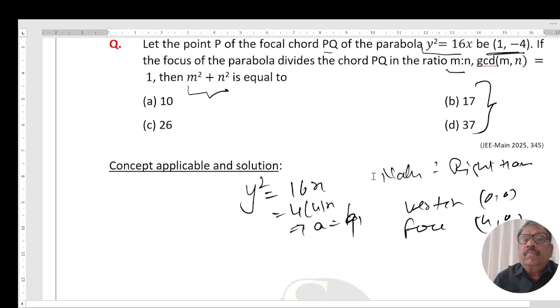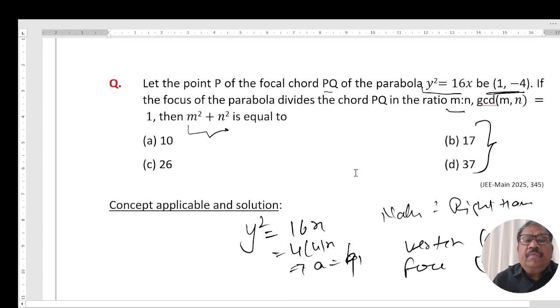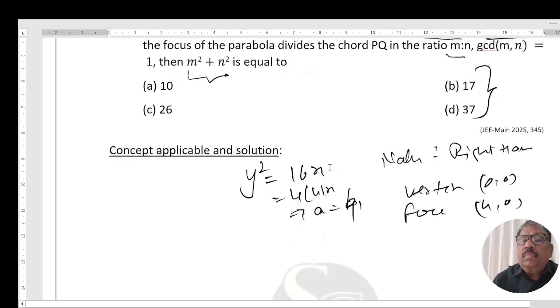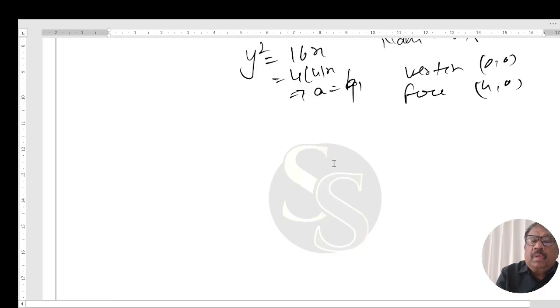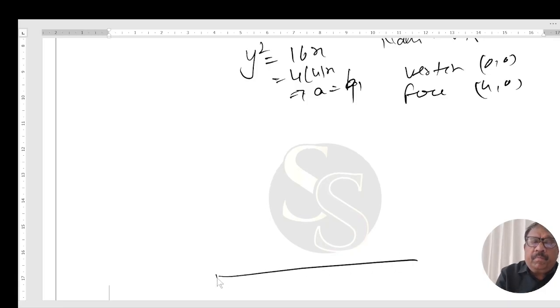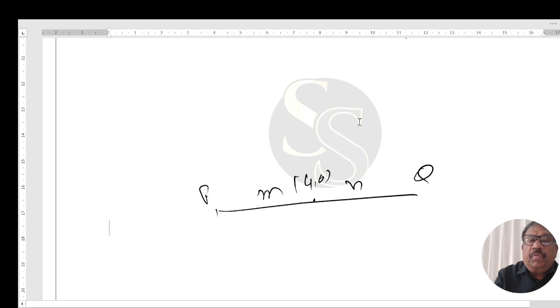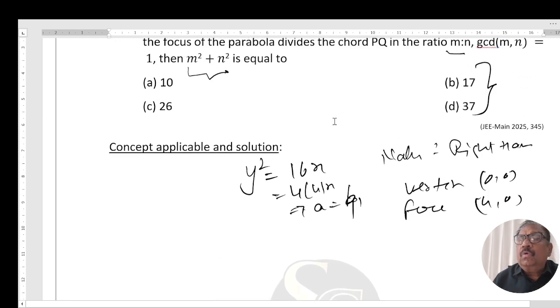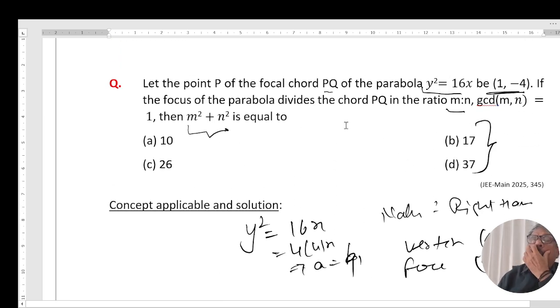Now, the focus of the parabola divides the chord PQ, meaning there is one point P and one point Q. This is (4, 0), dividing in the ratio m is to n. Then we have to find Q; P is not known to you, Q is not known to you.